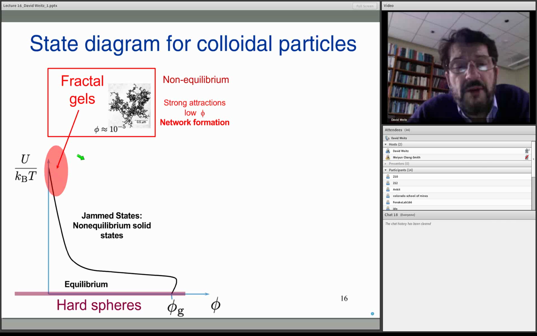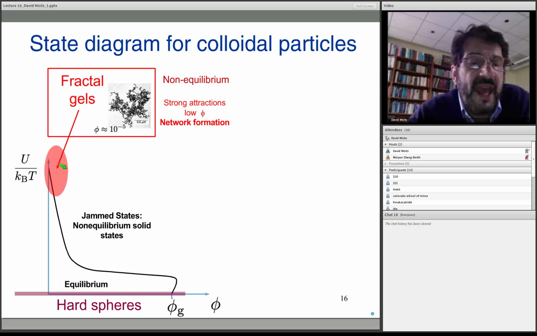Then you get irreversible aggregation, and as I said, if you can avoid any other effects like sedimentation or flow or anything like that, and you have the time to wait for diffusion to occur, the size grows linearly in time, but it takes time for the sizes to get large enough.